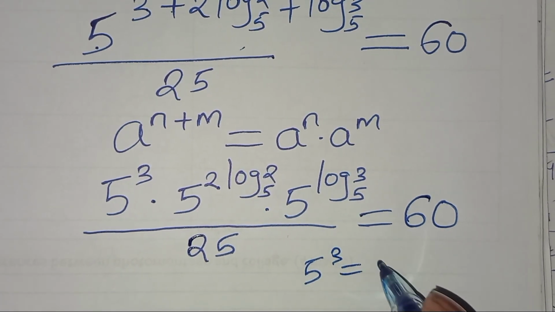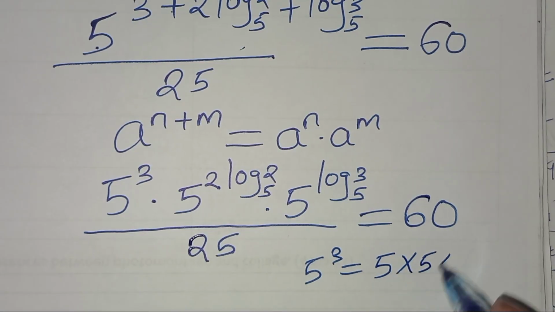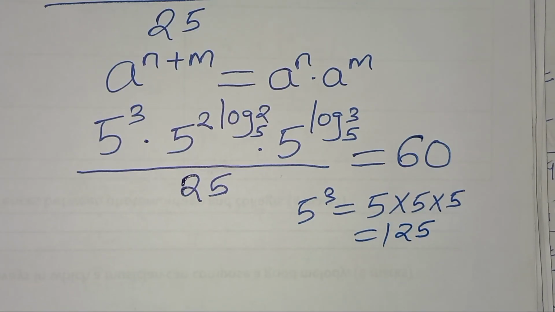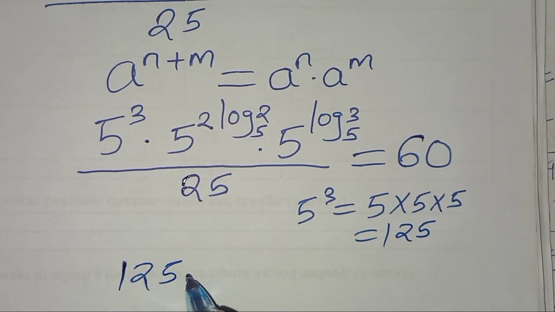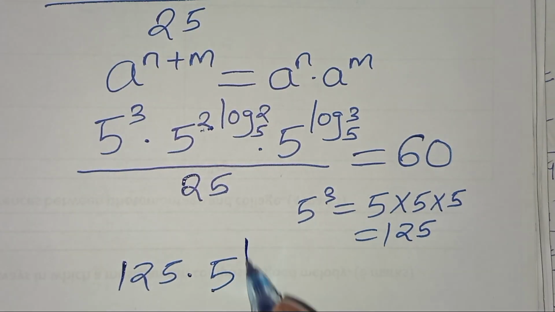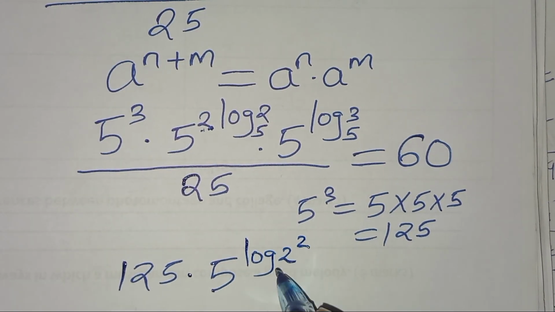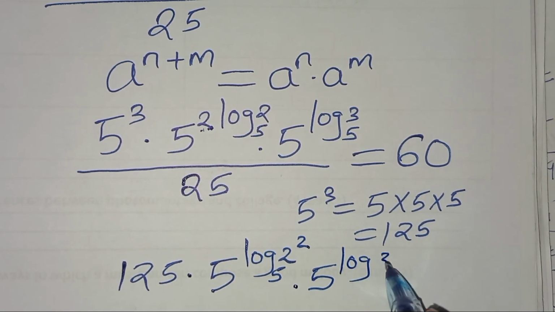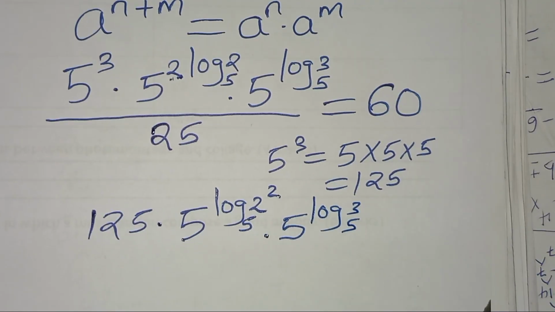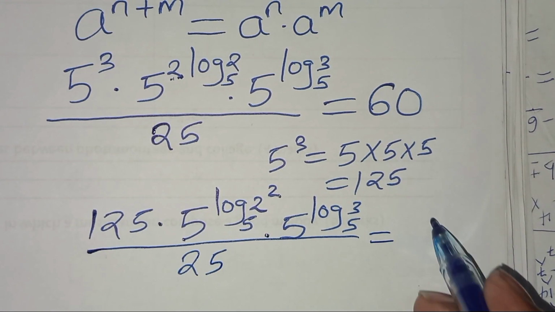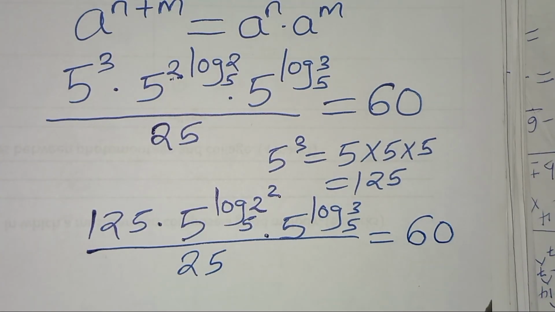This is the same thing as 5 times 5 times 5, and this is equal to 125. So now we have 125 multiplying by 5 to power, now 2 is a power here, so we can write this as 5 to power log 2 squared to base 5 multiplying by 5 to power log 3 to base 5, all this divided by 25. This should give us a value of 60.